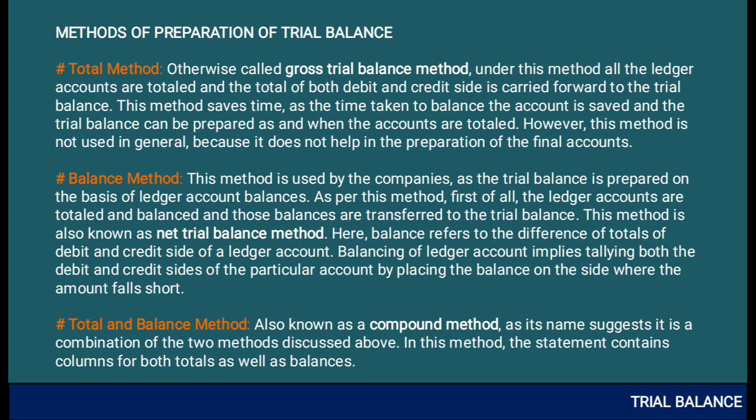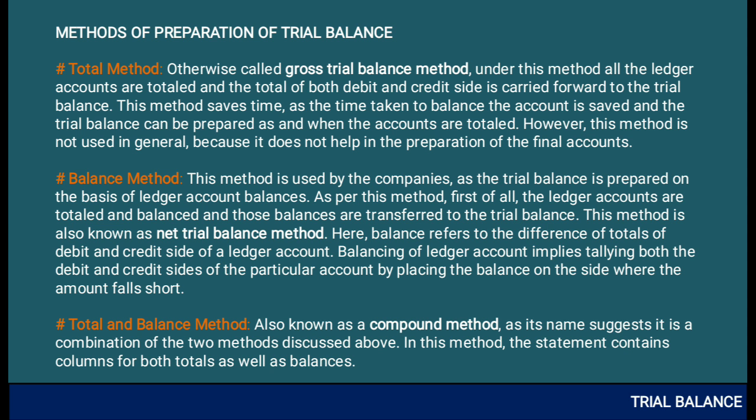Next one is the balance method. While preparing any kind of account or ledger, we have already calculated balancing figures, that is, balance carried down. So that balance we have divided into two parts, debit balance or credit balance. Whenever you prepare any kind of ledger, there may be a debit balance, a credit balance, or no balance. So here we don't have to include the amount having zero balance or no balance.